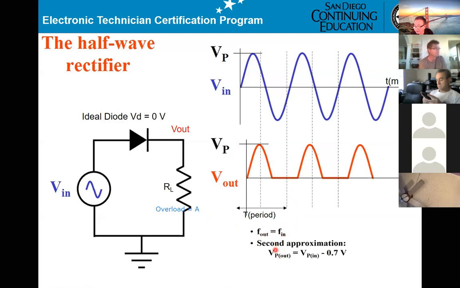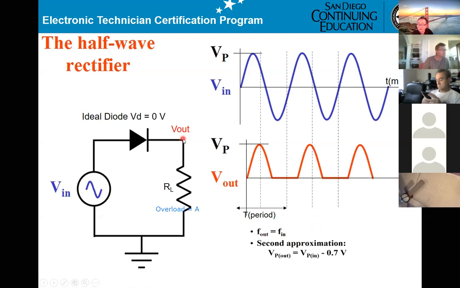Now, for the second approximation, VL equals VP minus 0.7 volt. Can you understand why VL equals VP minus 0.7? 0.7 volts is the voltage drop across the diode.